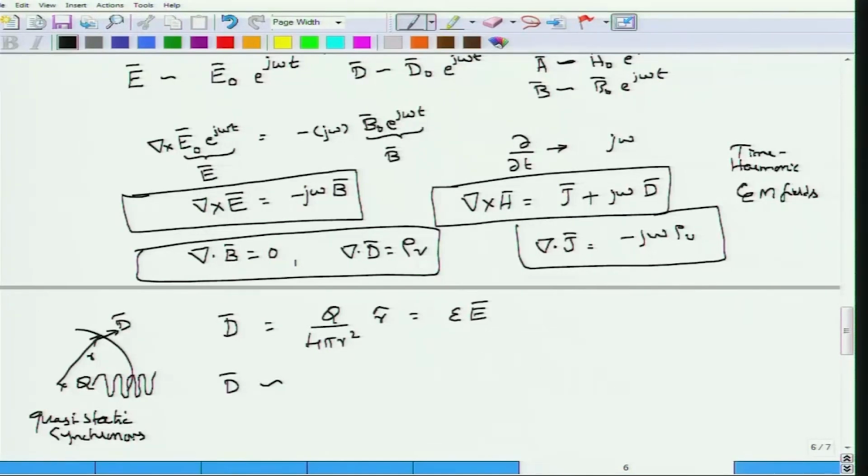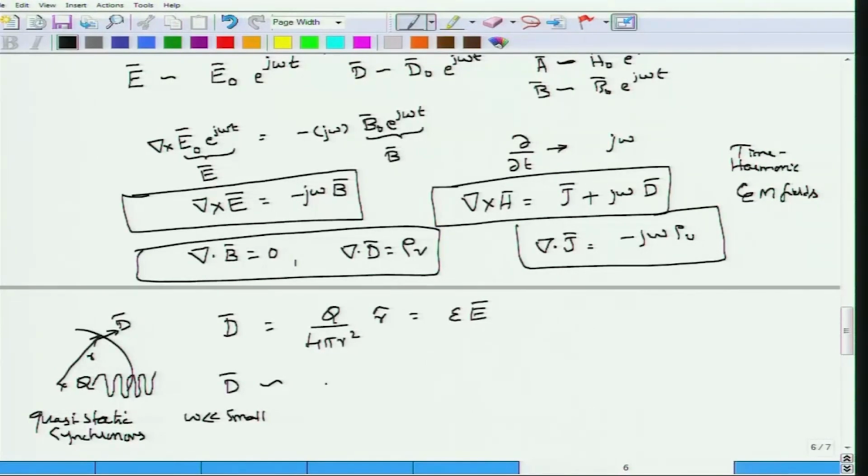Assume that the frequency omega is very small. In that case, when the charge increases slightly, the D field would also increase slightly, but in phase with the charge variation. So, we are neglecting all the other propagation effects for now.